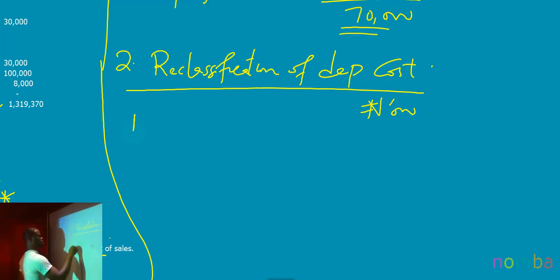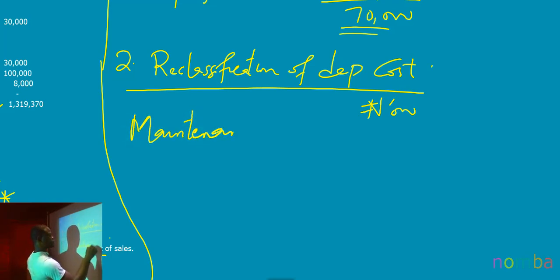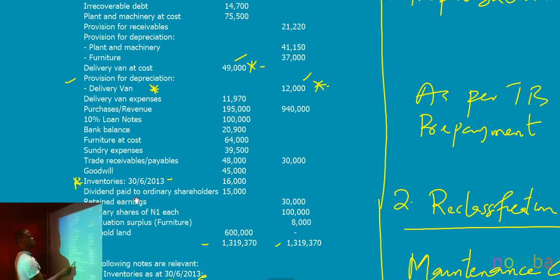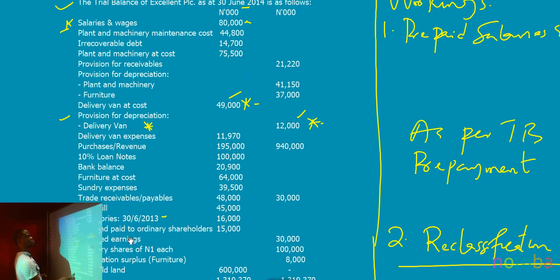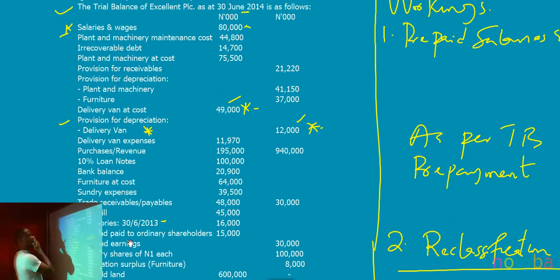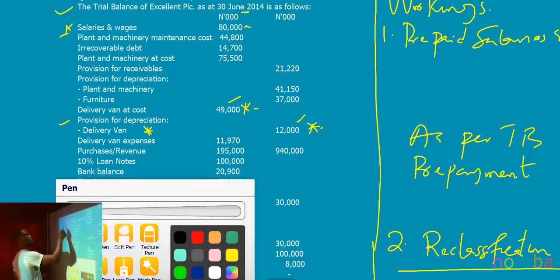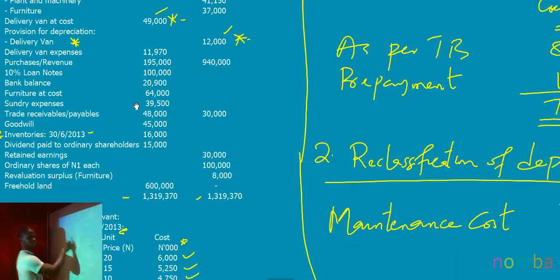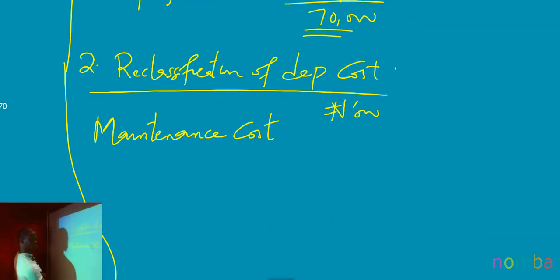So it was in maintenance costs. And the maintenance cost we have in the question was the plant and machinery maintenance cost. Yes, this is it, and it's 44,800. So I will remove the depreciation cost from it.